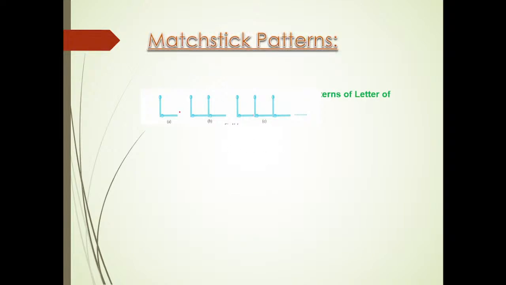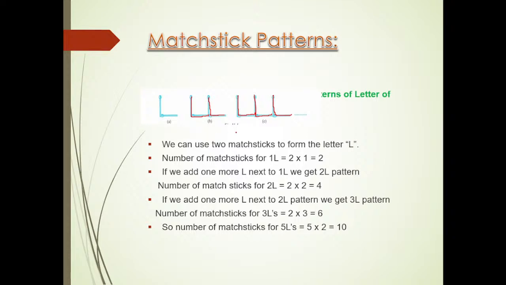If you observe this pattern, two matchsticks are arranged to form the letter L, and here two L's are formed. Till here it is one L, and here it is another L, and here three L's are formed, and so on. We use two matchsticks to form a letter L. Let us check the number of matchsticks we are using.